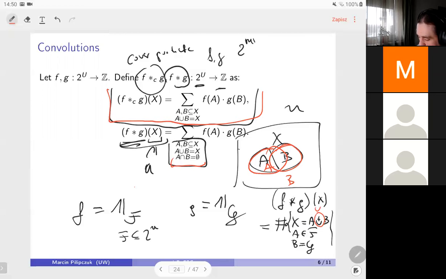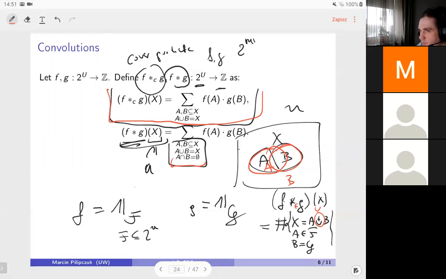So this is the cover product of f and g. If you look at the cover product of two indicator functions, then for x, this is how many ways you can take one set from one family and the other set from the other family, so that the union is just your set x. Okay, so these are our convolutions.